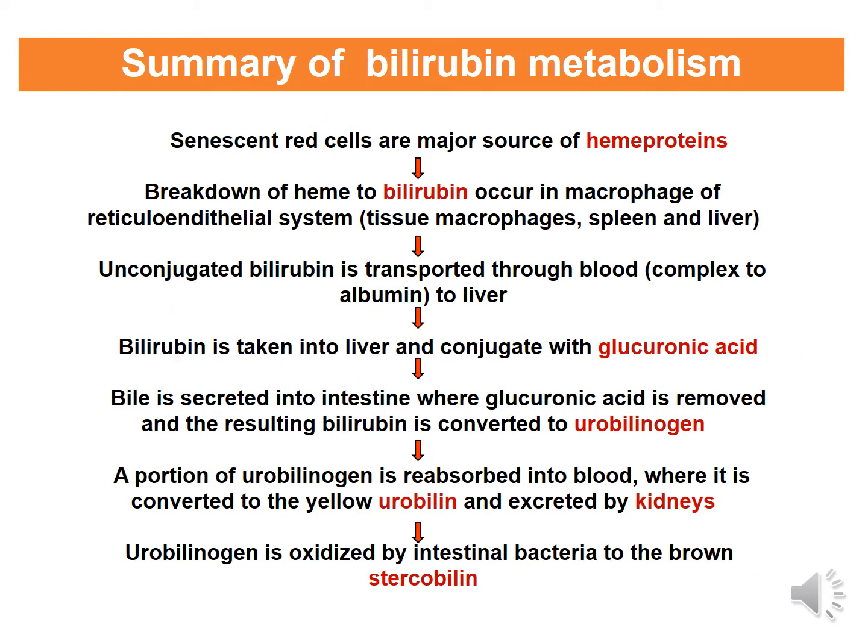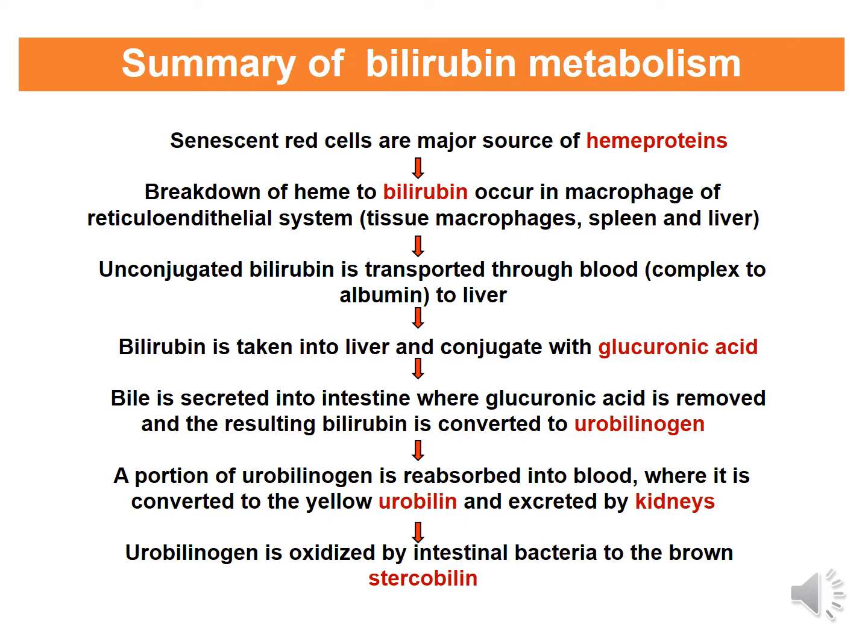To summarize, senescent red cells are the major source of hemoproteins. Breakdown of heme to bilirubin occurs in macrophages. Unconjugated bilirubin is transported through blood to the liver. Bilirubin is taken into the liver and conjugated with glucuronic acid.